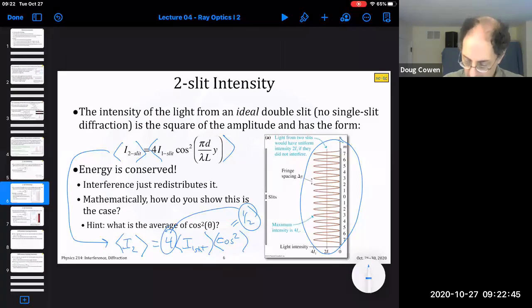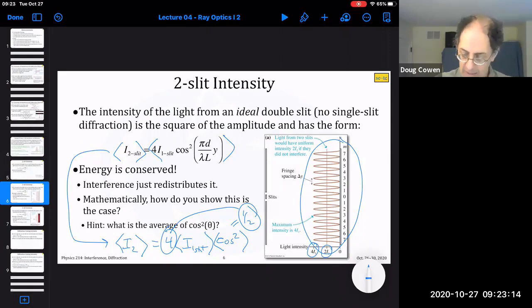And shown over here in this figure, you can see that the intensity peaks at 4 times the intensity for 1 slit, but that the average, which is this line drawn in the middle, is double, 2 times the intensity from 1 slit. Now you notice that this figure as drawn is for an ideal double slit, so it doesn't include any diffractive effects.